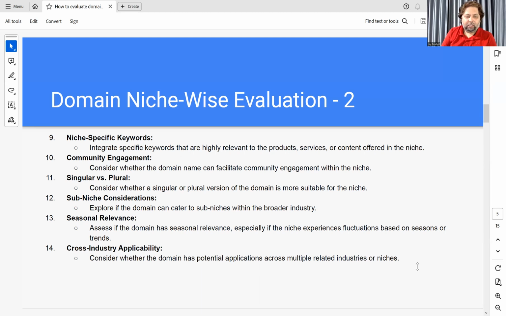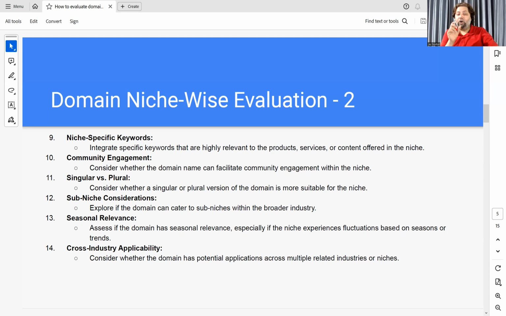So cross industry applicability means that using your existing domain name, you can introduce anything which is related to cross industry. Like if I talk about oil, any domain related to oil, like smart oil or anything like that. Oil can be used for automobile, it can be used for cycle, it can be used for hair.